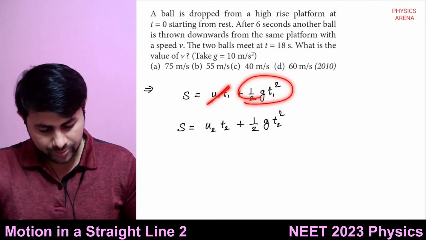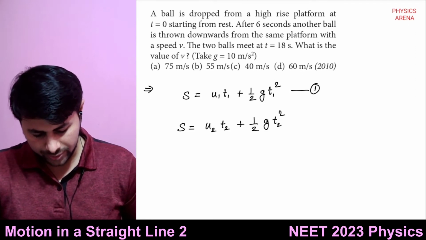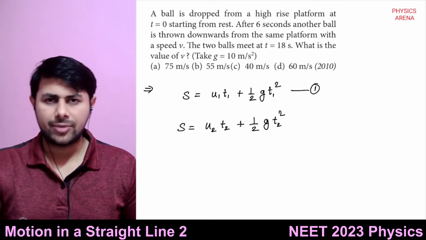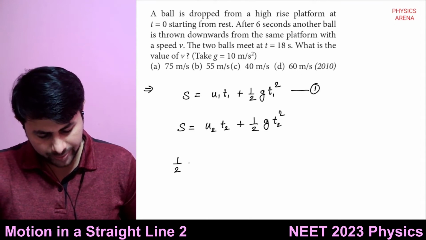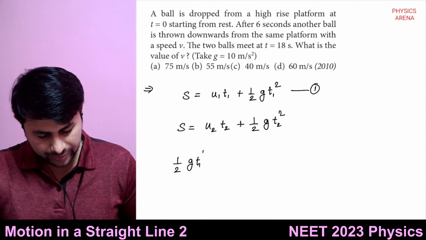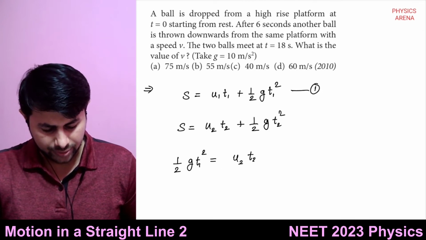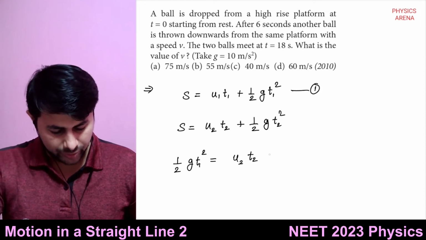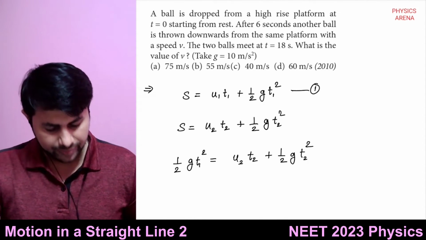In equation 1, this is just half of g multiplied by t1 square, which is equal to u2 multiplied by t2, where u2 is what we have to find out, plus half of g multiplied by t2 square.